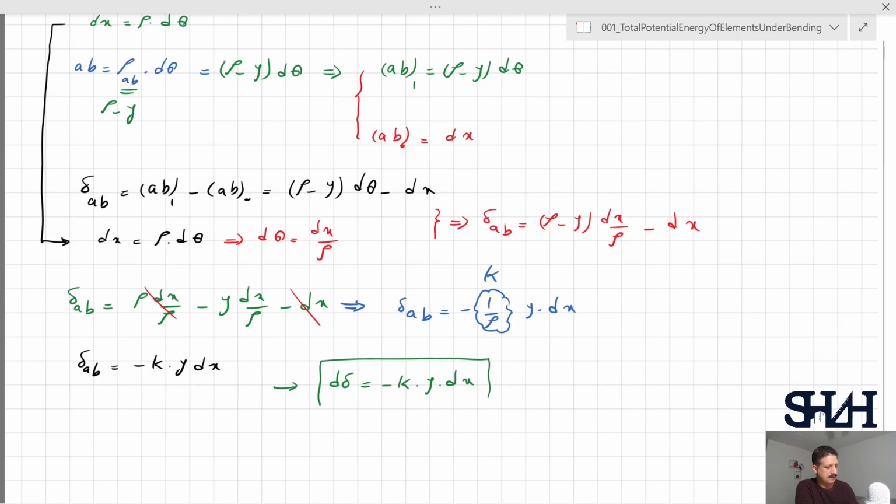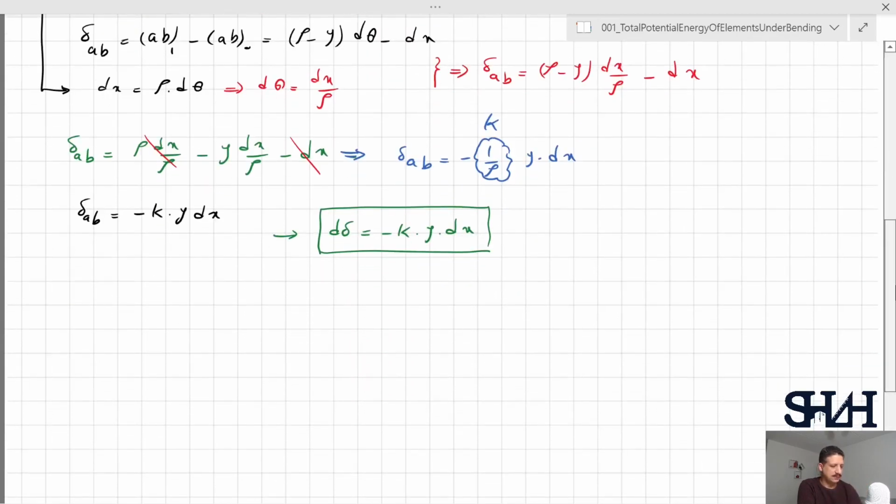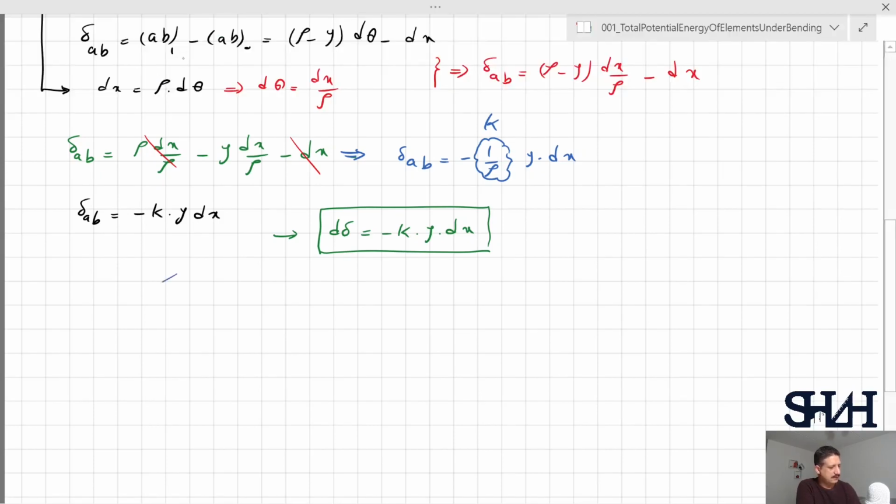This is the tiny elongation of the element, and this is a function of y, representing at what elevation from the neutral axis we want to calculate the elongation. Now if we look at the section at the elevation y from the neutral axis, so assume that this is the neutral axis of the cross section.